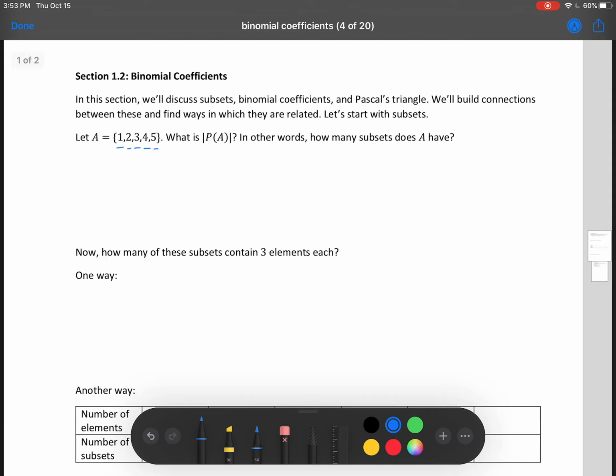There's 5 elements here, obviously, right? 1, 2, 3, 4, 5. So for each element, we're going to say yes or no to it being in the subset.